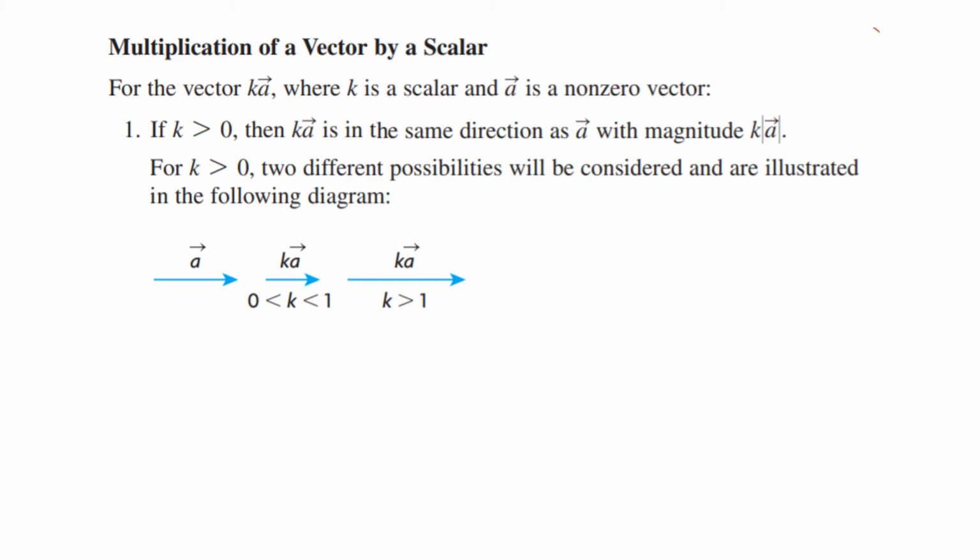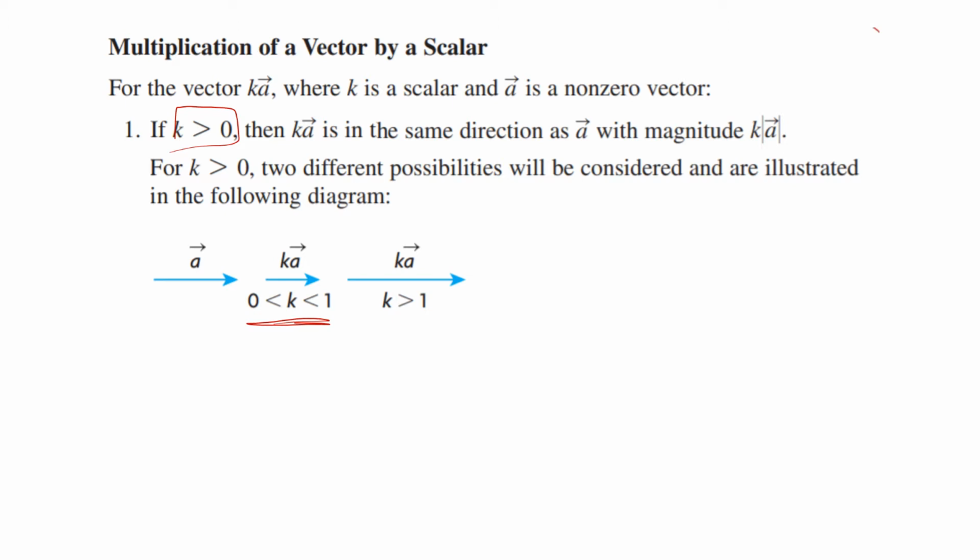When multiplying, if my k is positive, meaning bigger than 0, direction won't change. However, depending on the value of k, your magnitude will lengthen or shorten. For example, if my k value is between 0 and 1, it will shorten.